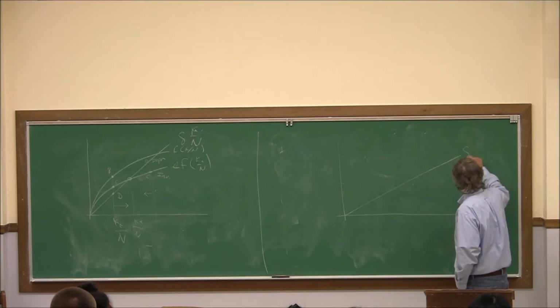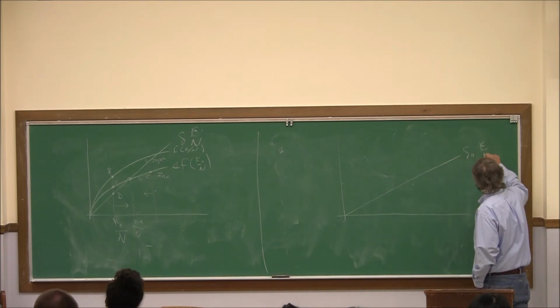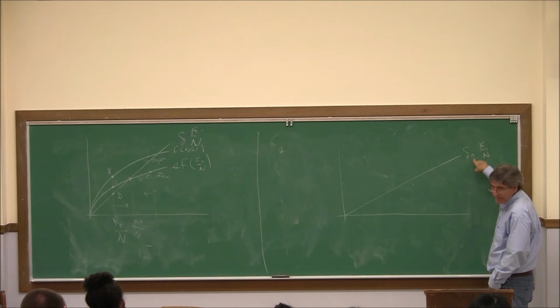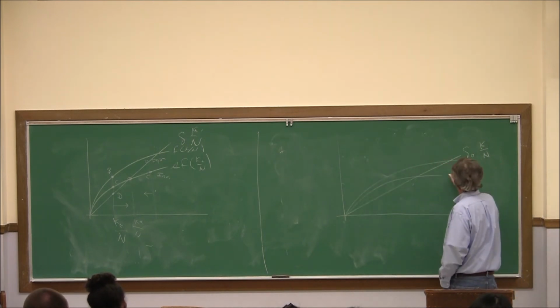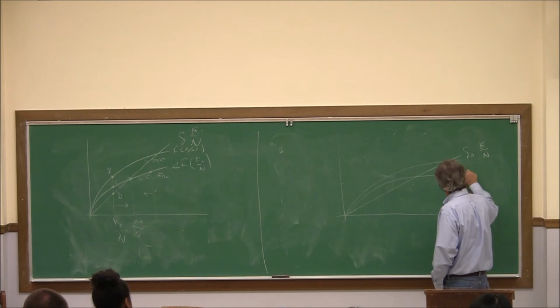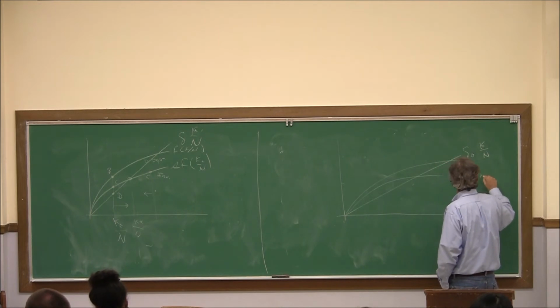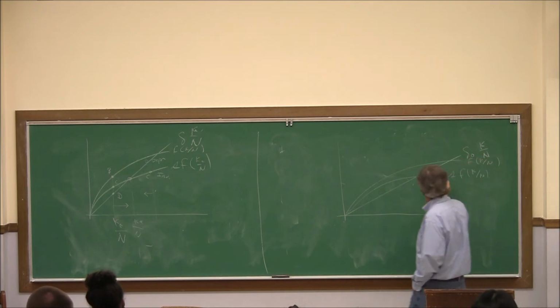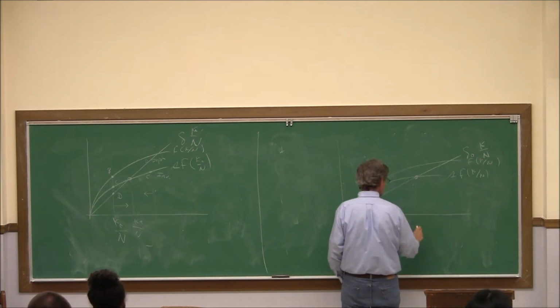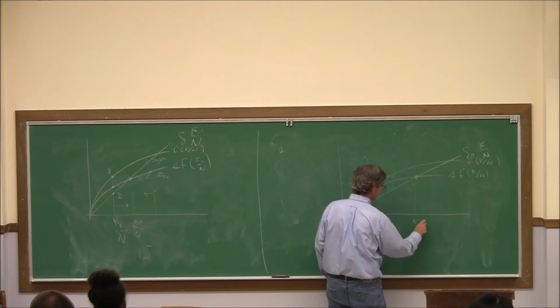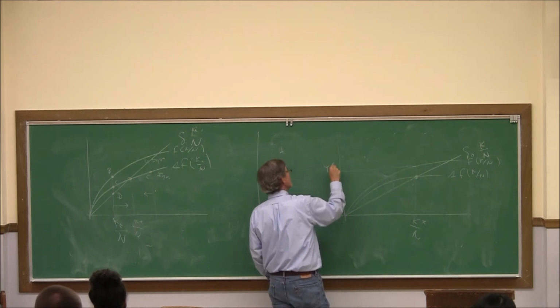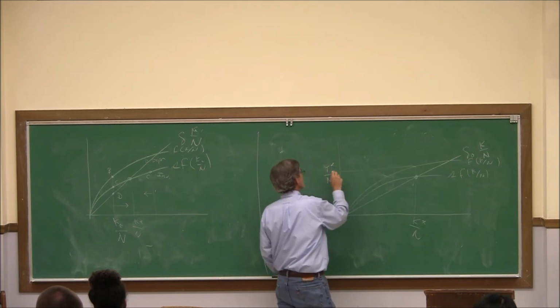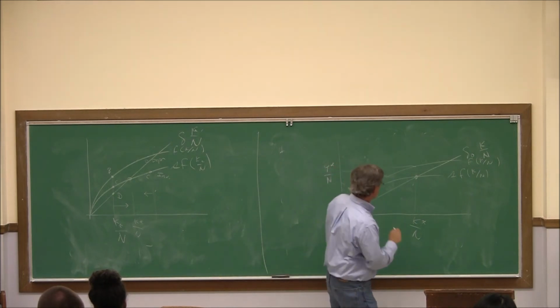You start out with one depreciation rate, delta naught. s f of k over n. So that's our stationary state. And this gives us our standard of living.